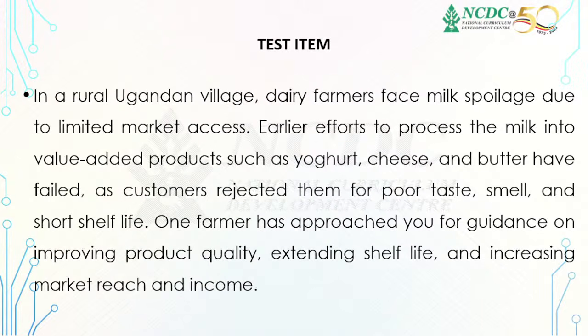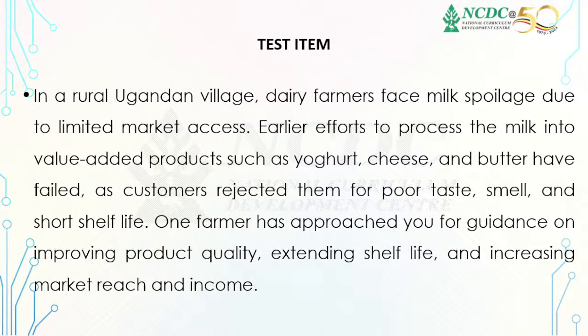I want us to look at a sample test item. This is for theory, and it is drawn from construct 2, which is value addition. In a rural Ugandan village, dairy farmers face milk spoilage due to limited market access.